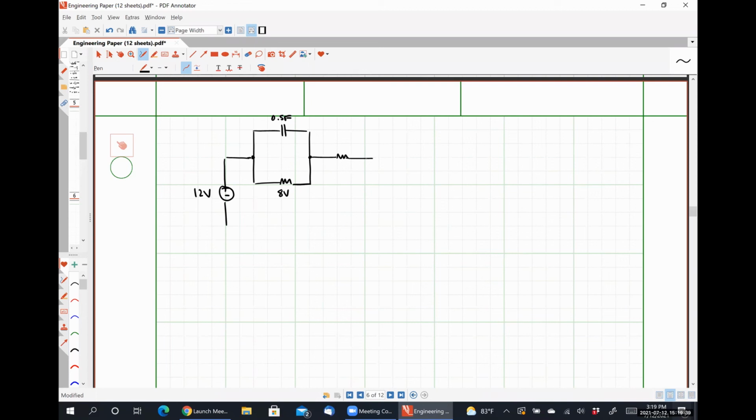Sorry, that shouldn't be 8 volts, it should be 8 ohms. In this circuit, I want to know the energy stored in the capacitor and the energy stored in the inductor.